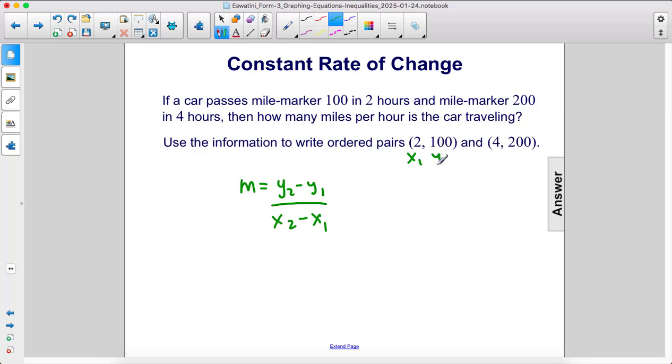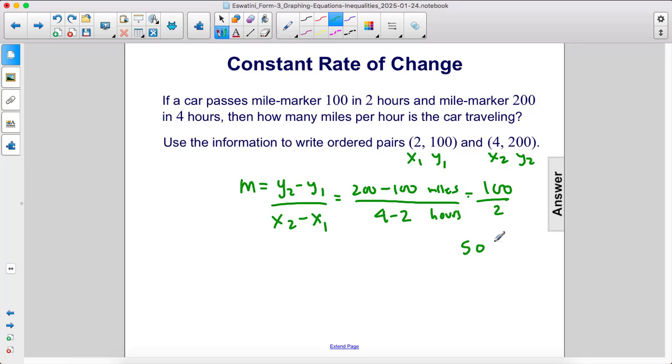This is x1, y1, and x2, y2. So y2 minus y1 is 200 minus 100, and that's in miles. x2 minus x1 is 4 minus 2, and that is in hours. So this is 200 minus 100 is 100 over 2. The answer is 50 miles per hour.